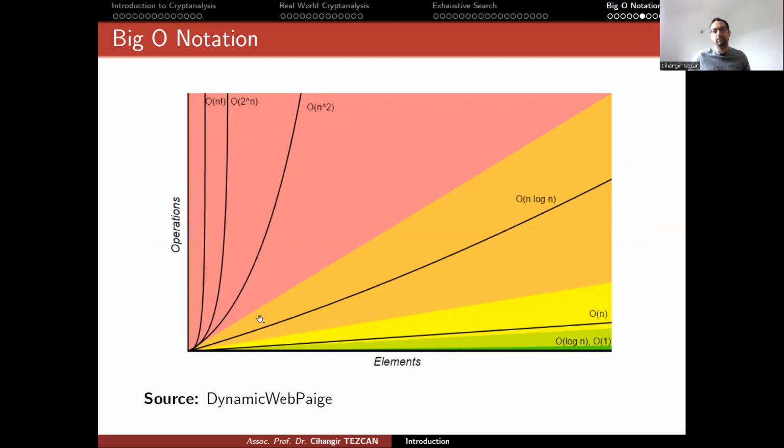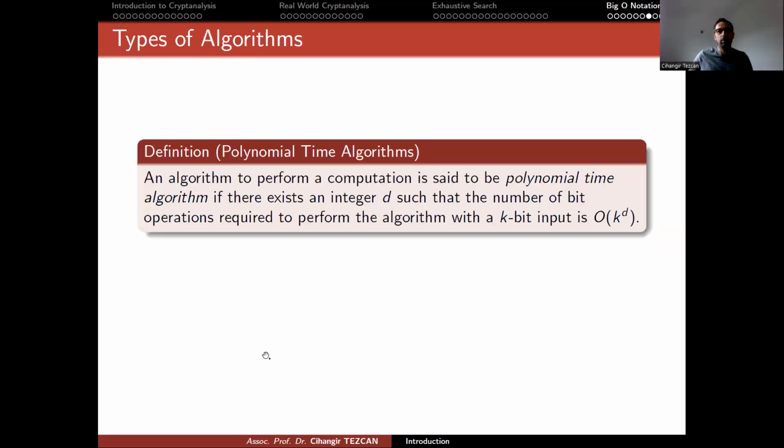As you can see, now it becomes concave, and others require a lot of time. This axis is the increase in n. As n increases, we can still perform these algorithms in a very fast way, but the others become unreachable after a very short amount of time.